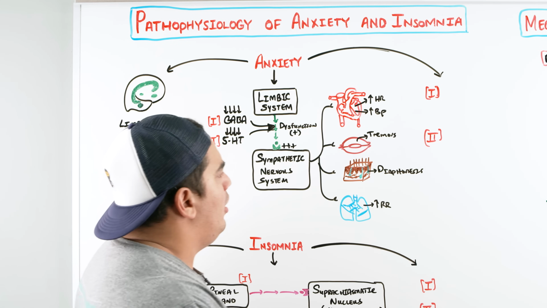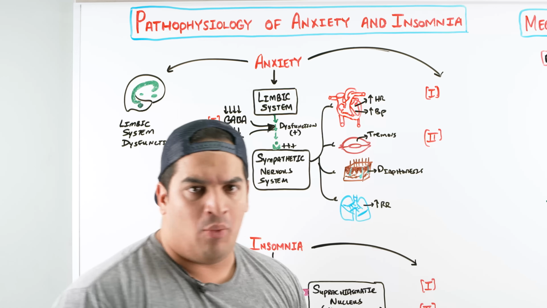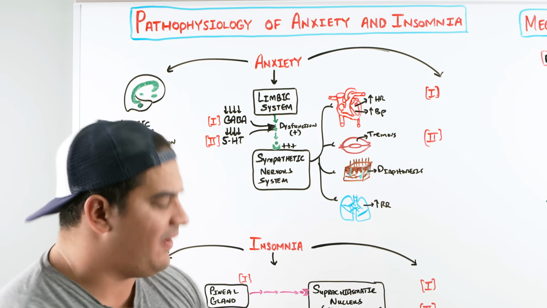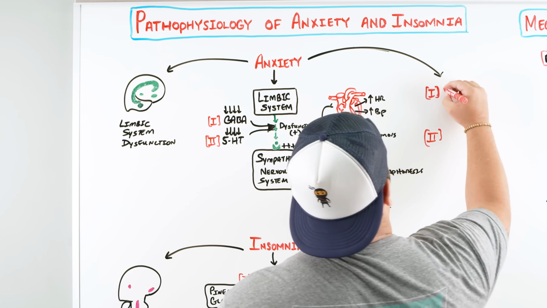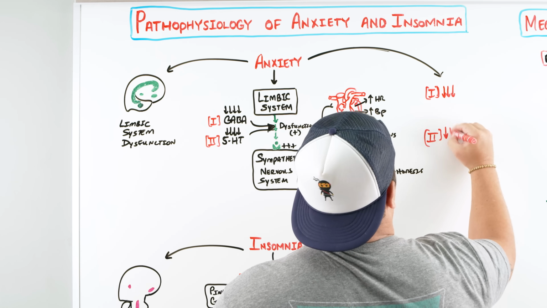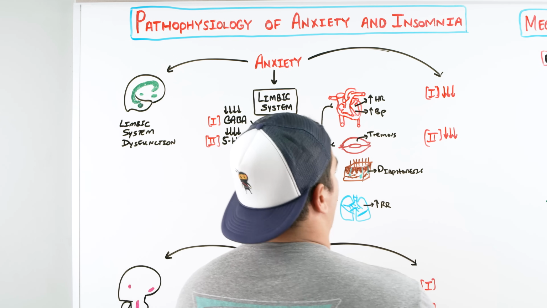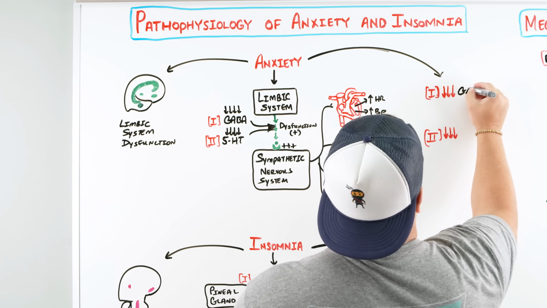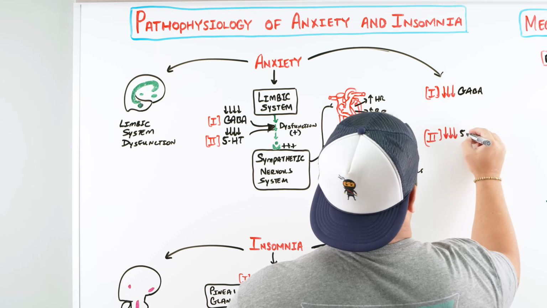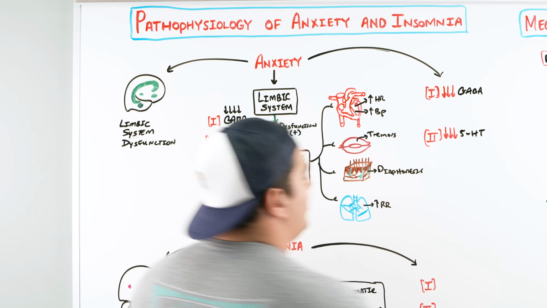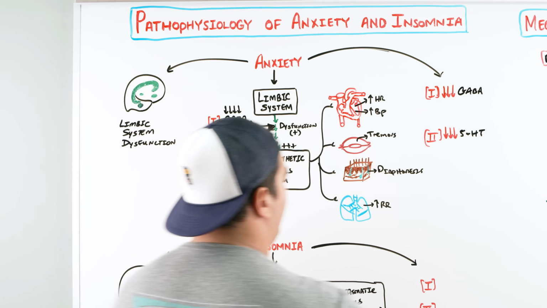Now, the basic thing that I want you to take away from this is that anxiety is characterized by low levels of GABA and low levels of serotonin. That's really what it comes down to in this particular disease. To give you an understanding of this, we'll have a basic diagram here.